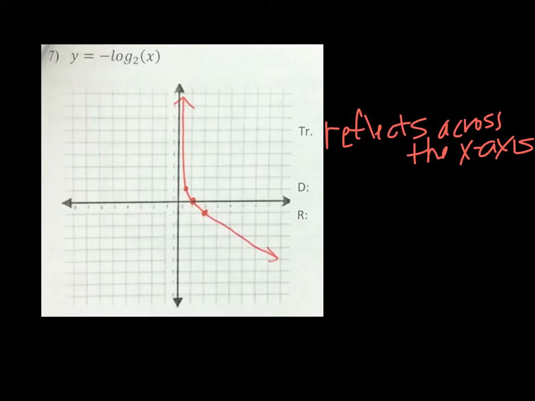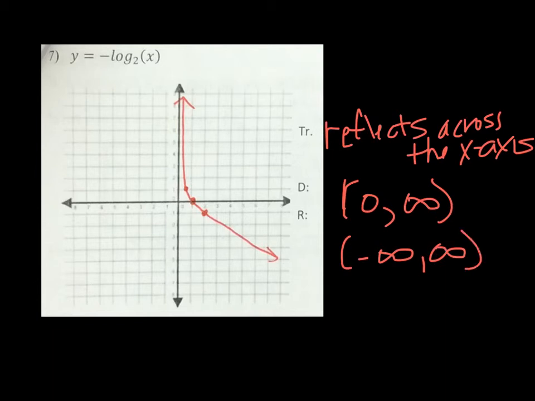The domain and the range will not change at all when we just do a reflection across the x-axis. So we have open on 0 to infinity, and the range -infinity to infinity.